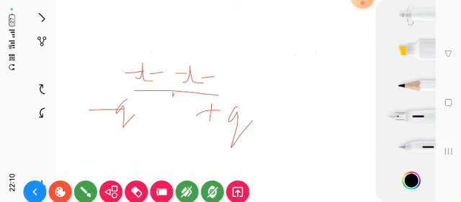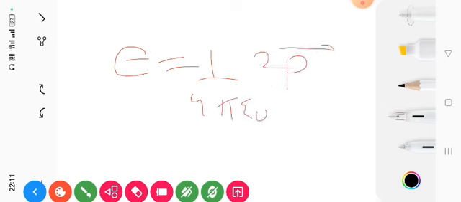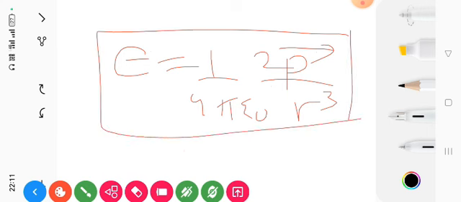Now at the axial point, that is here, how much will be the electric field? The axial point is the end-on position: the line joining the two charges of the dipole, just extended, gives the axial point. How much is the electric field here? Remember, for a short dipole, this will be equal to 1 upon 4 pi epsilon naught, 2p upon r cube. A very important formula, and the derivation is also important.